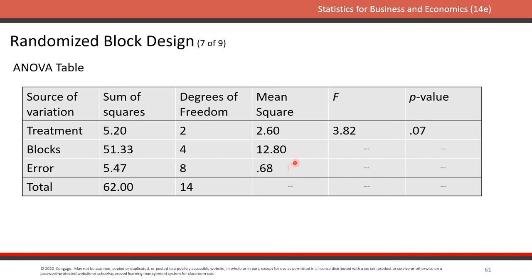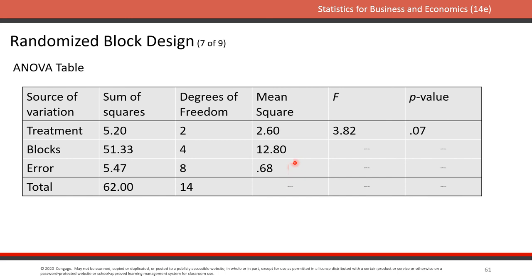In this particular case, though, the textbook definition is that this is greater than 0.05, so we fail to reject the null hypothesis. That would be our textbook conclusion from this particular case.